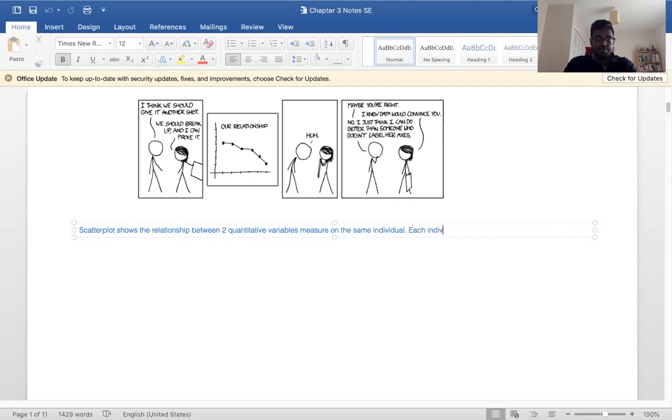Each individual appears as a point or dot on the plot. Then if you're looking at only one quantitative variable, you can use a dot plot, histogram, box plot, stem and leaf. So these are all things that we looked at in chapter 2 and chapter 1. Okay, so now we're switching from one variable to 2.